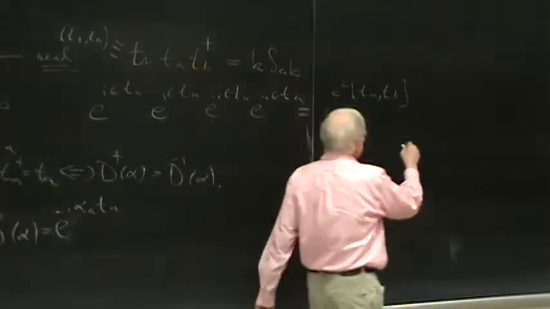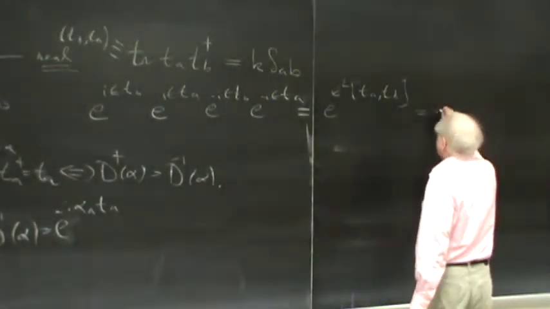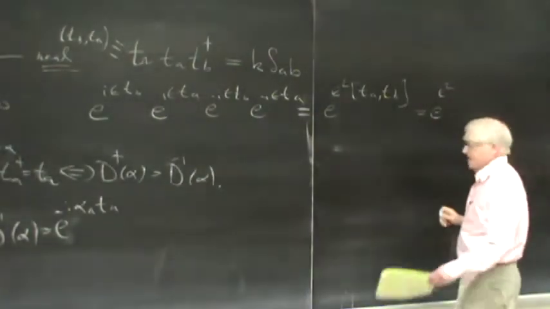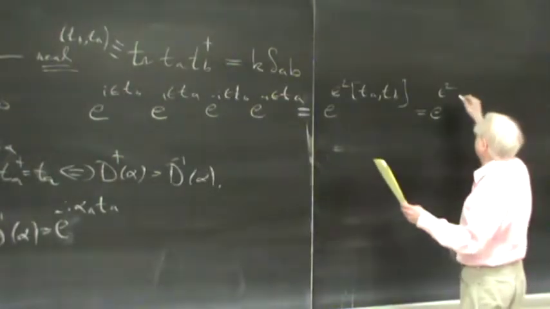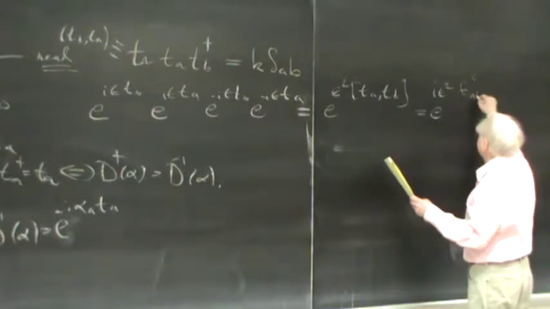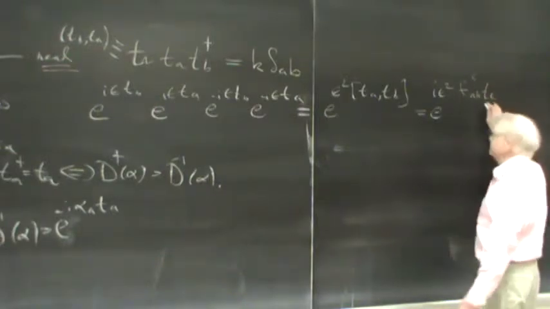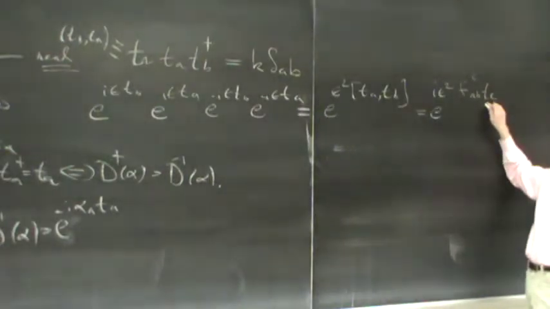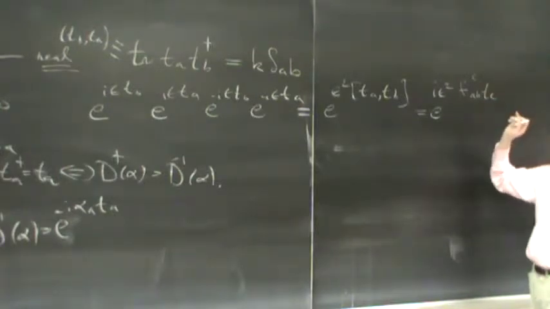And consequently, this thing has to be of the form e to the epsilon squared times some linear combination, i f^c_ab t_c. It has to be a linear combination of generators because group multiplication is closed.